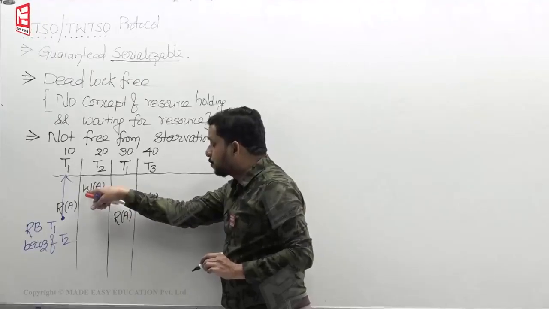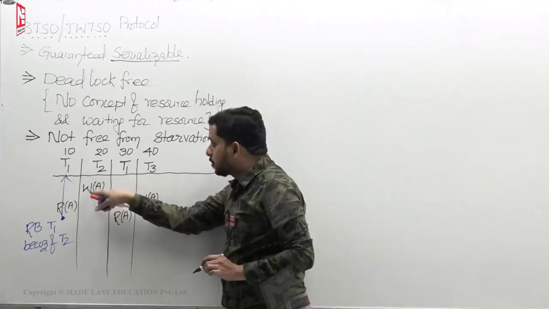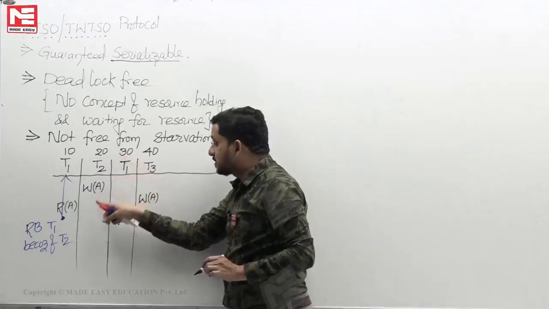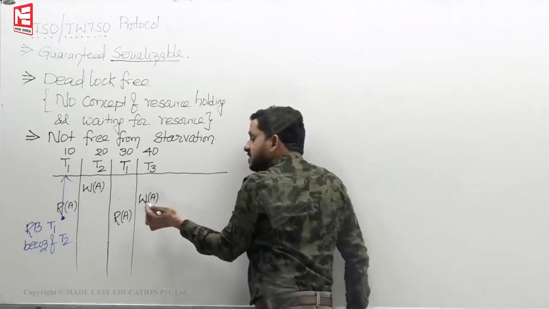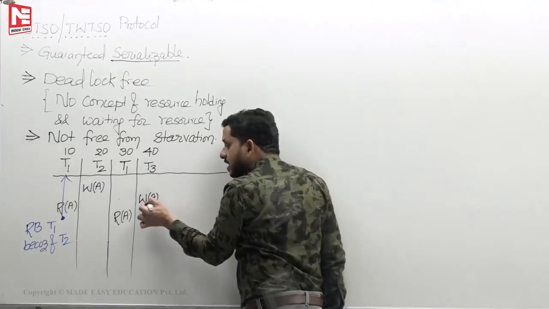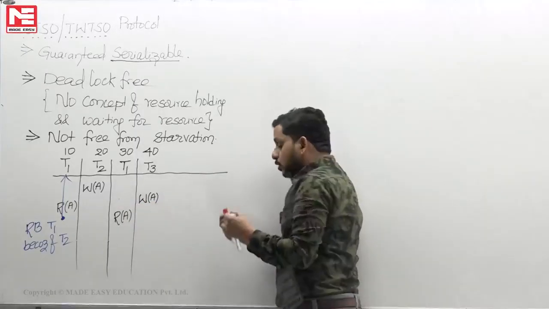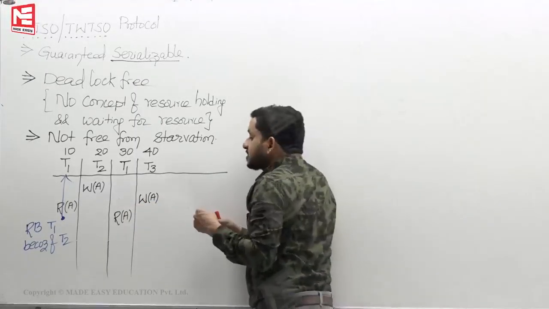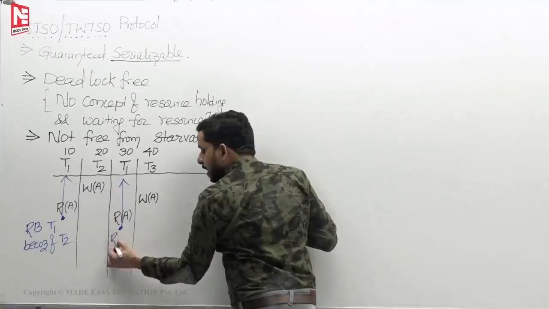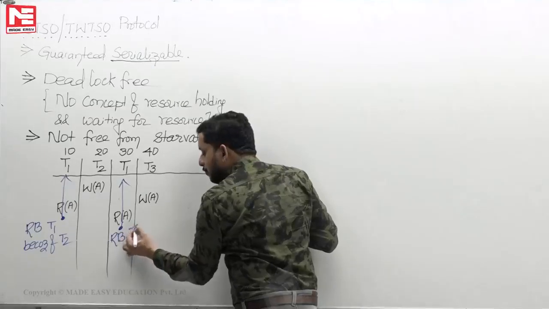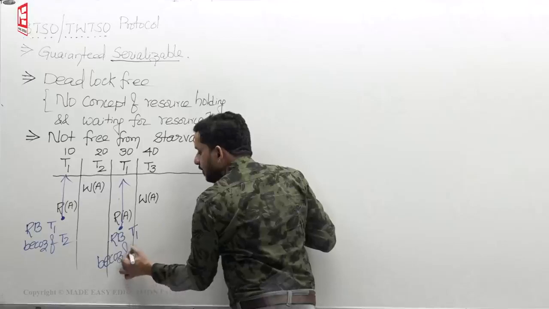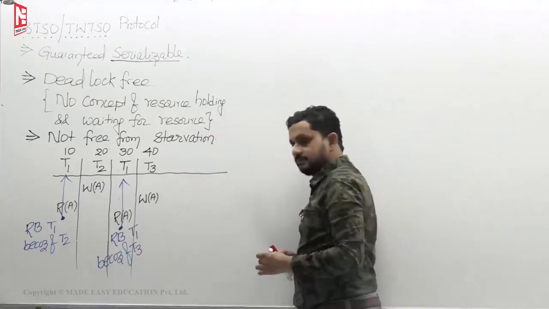The problem is T3, a younger transaction, has done the write operation. Because a younger transaction already did the write, the older transaction T1's read request is not allowed. Again roll back T1, this time because of T3's write.